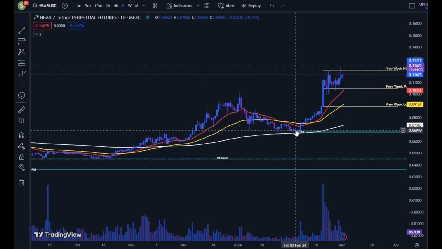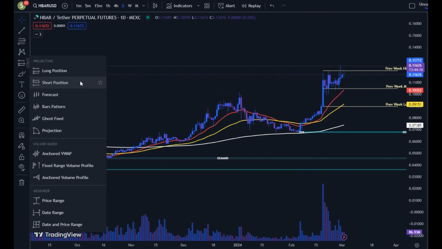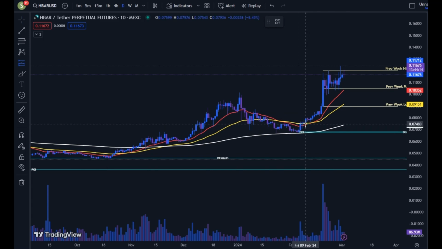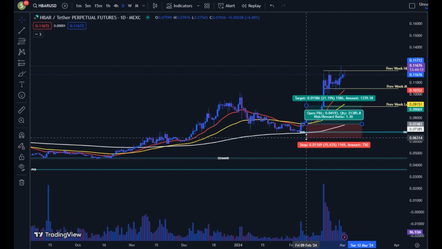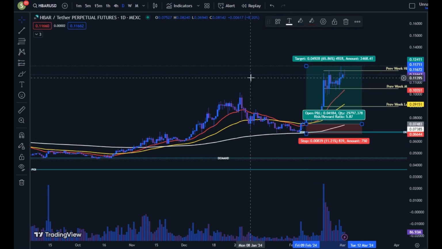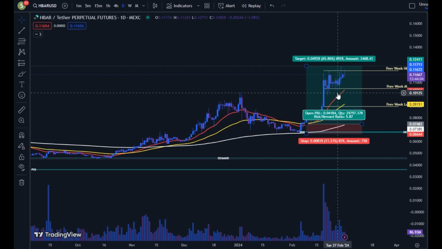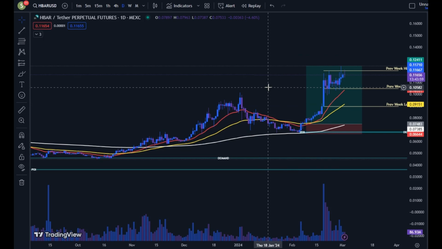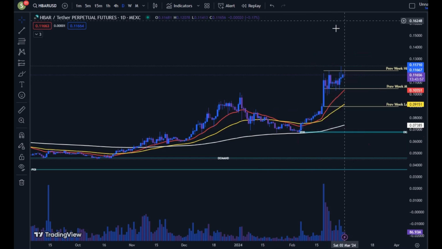Even here you could have taken the trade where it's come back down and tested the 200 on the 5th of Feb. And what would you have taken there? Big push out there, big bullish momentum. You put your stop just below there. A 65% move, which is a 1 to 5, which is another great trade.